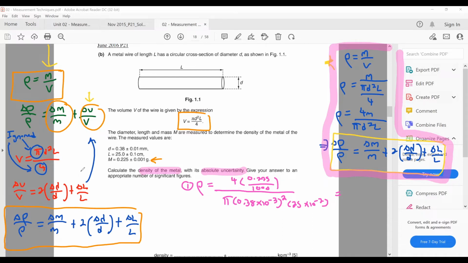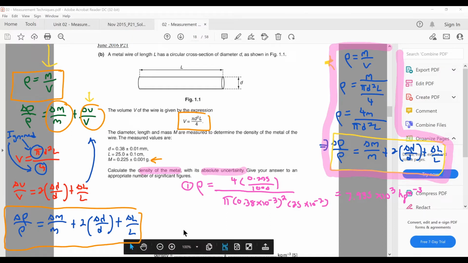Now, you note that you need to change everything back to SI units. So 0.3 times 10 power minus 3, squared, times 25 times 10 power negative 2, times pi. You're going to get 7.935 times 10 power 3 kg per meter cube. So this one is something that you would have.